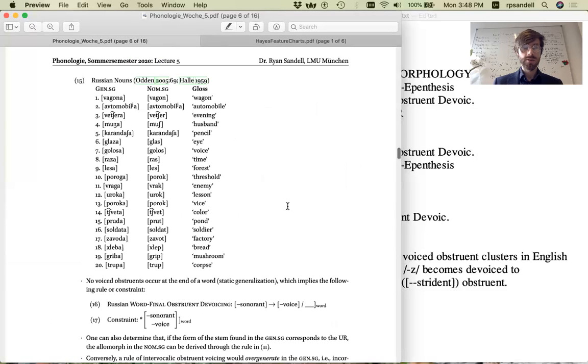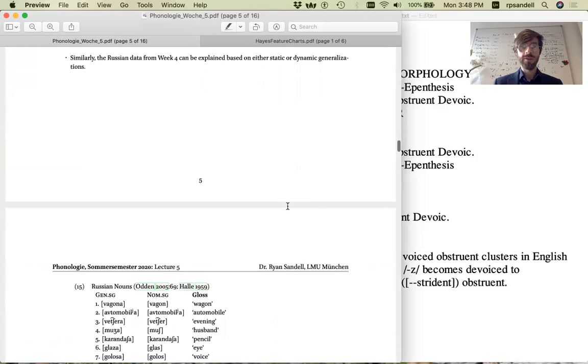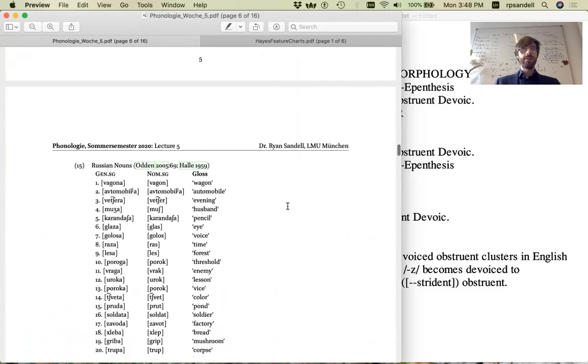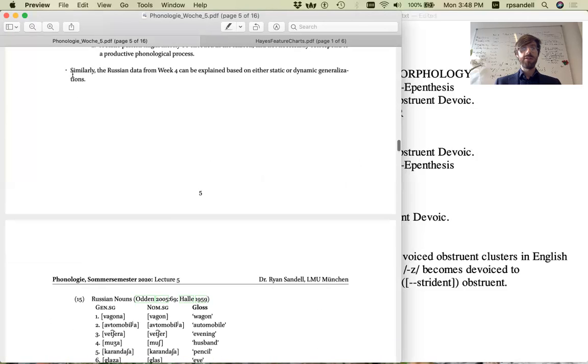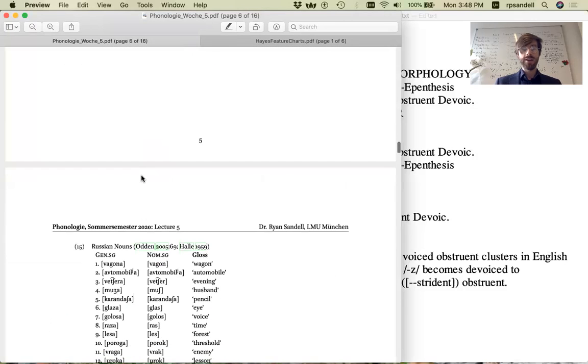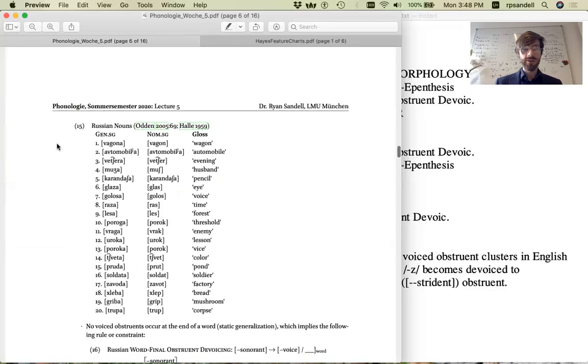Just to refer to one other example, hopefully we had in the exercise session time to talk about some of the Russian data, and that Russian data at the end of the handout for week 4 can also be accounted for based on either static or dynamic generalizations.